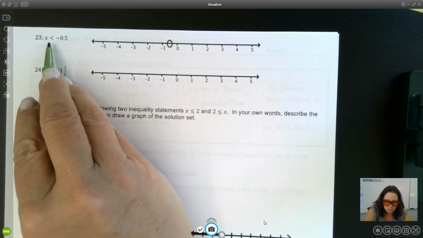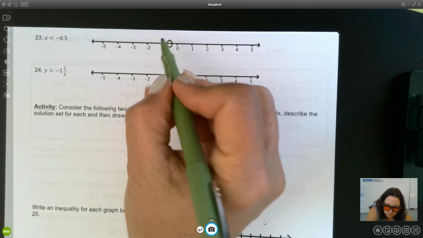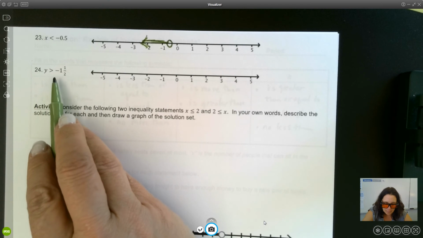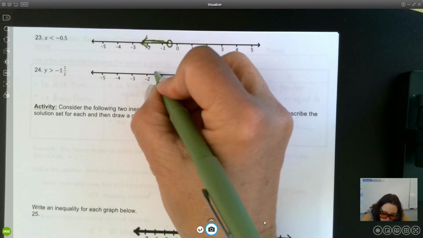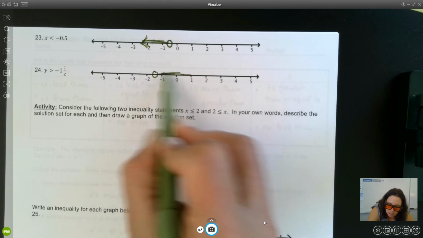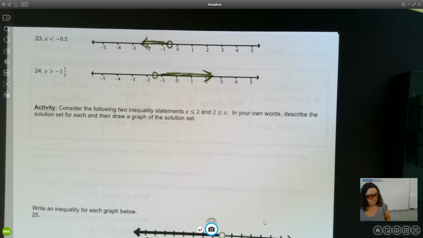And it is an open circle, and then we're shading that way. This guy, -1.5 would be here. It's an open circle, and we're shaded this way.